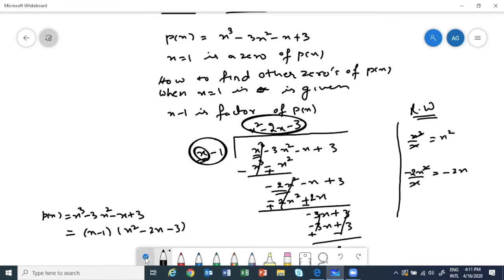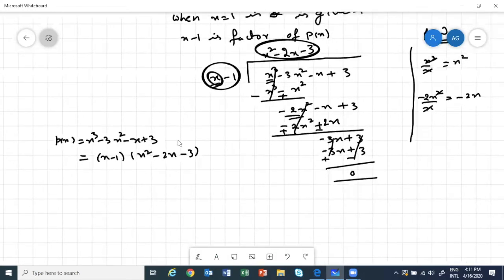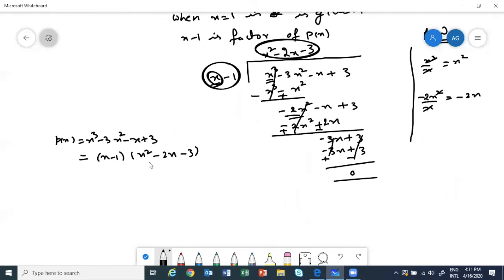Okay, next, now it remains to find the zeros, factorize this one. So middle term splitting, x square minus 3x plus x minus 3.